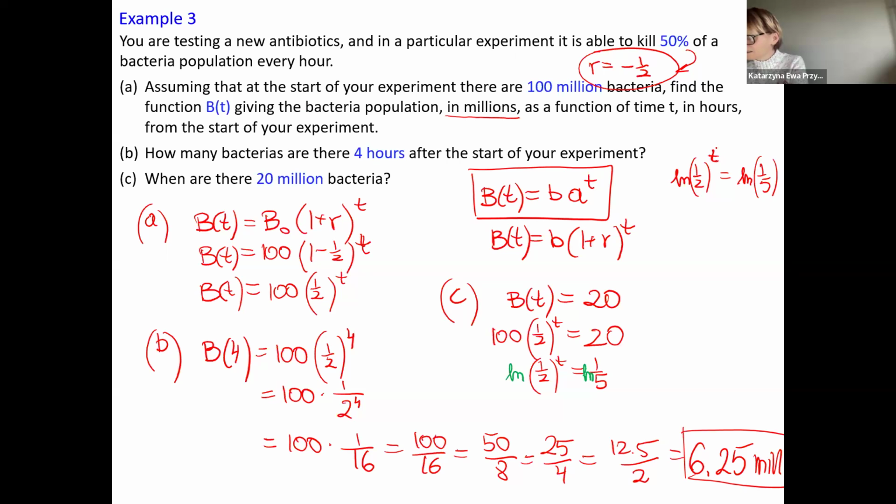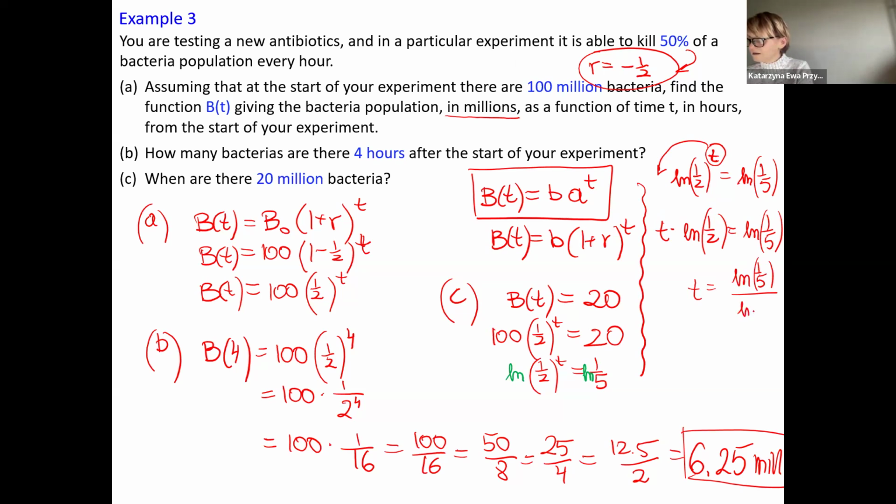And that exponent can travel in front: t times natural log of 1/2 equals natural log of 1/5. And we can just divide: natural log of 1/5 divided by natural log of 1/2.